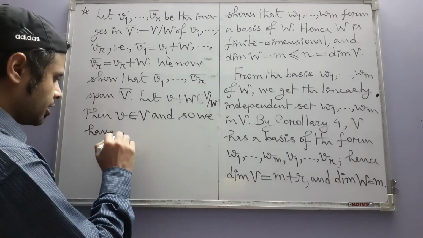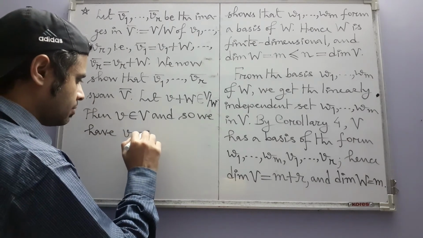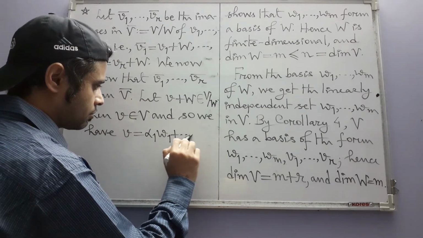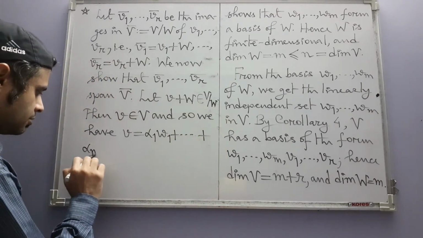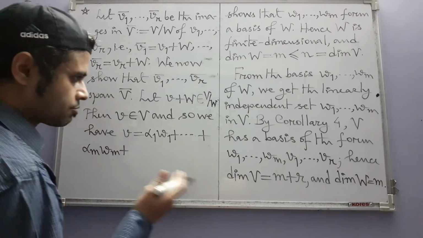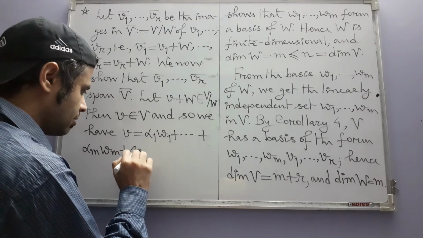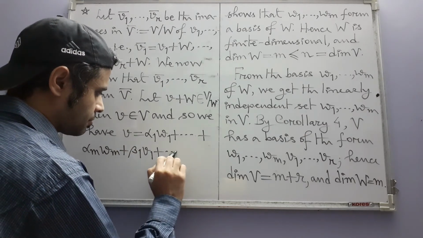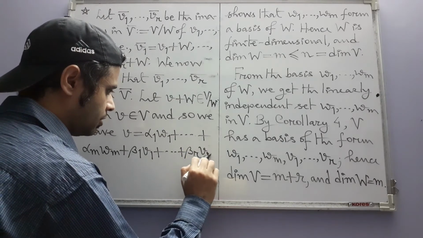So let's just write v as a linear combination of the basis elements, plus, since we have other vectors, let's use some other scalar names, say beta 1 V1 up to beta r Vr.